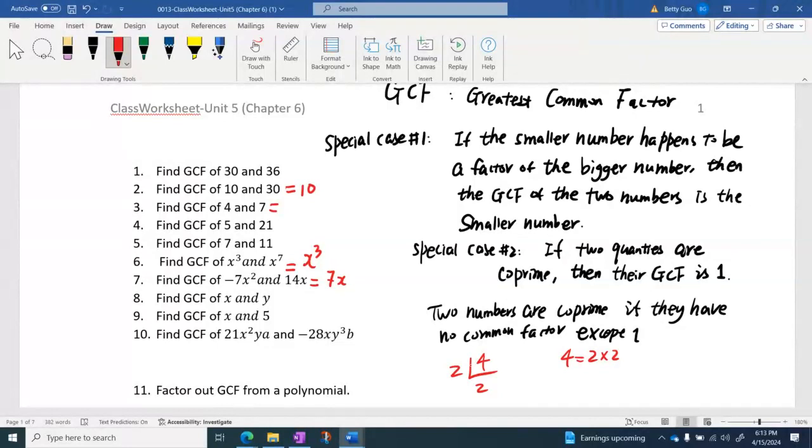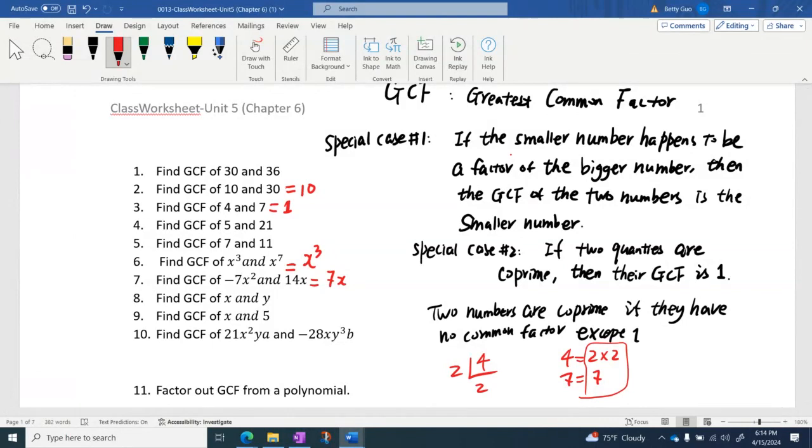That's the prime factorization of the number 4. And 7 is a prime itself. So we can just write 7 equals 7. And when we look at the prime factorization of the two numbers, they have no common prime factors. That means they only have one common factor, that is 1. Question number 3, 4 and 7 are co-prime. So the GCF of the two numbers is 1, right?